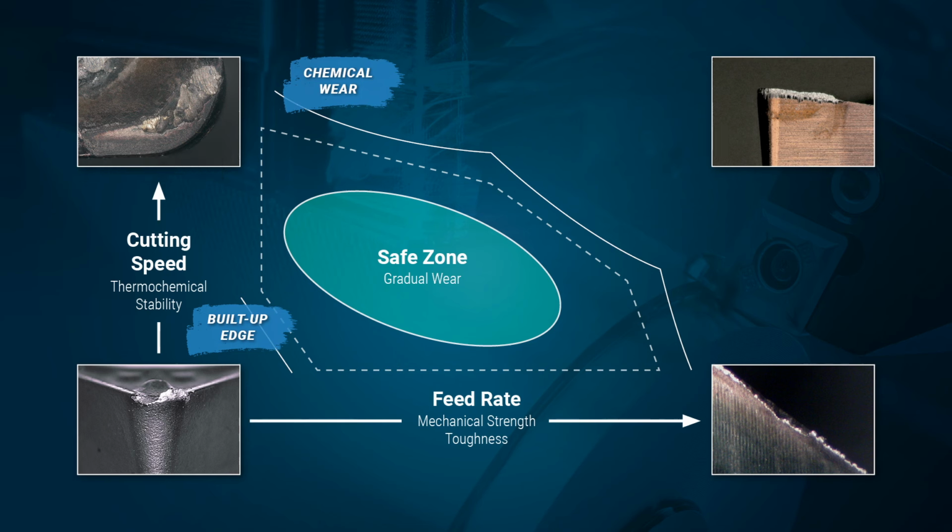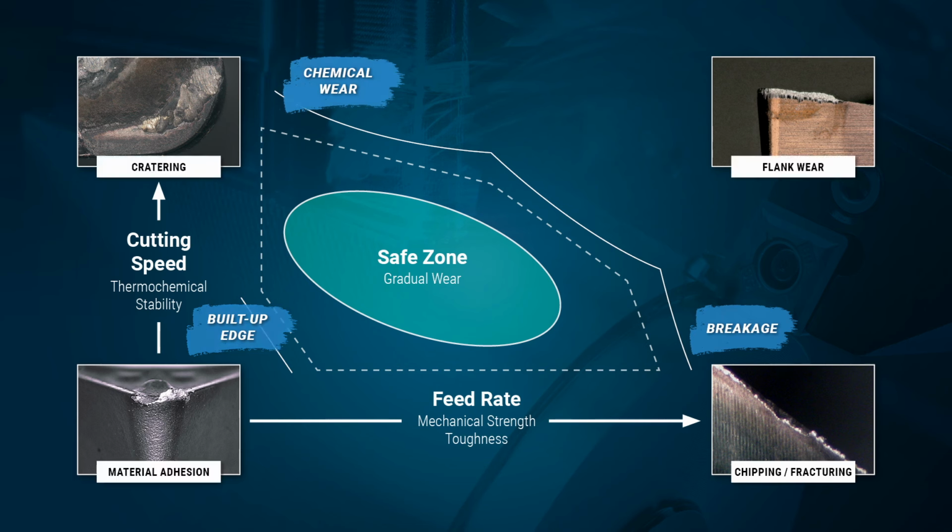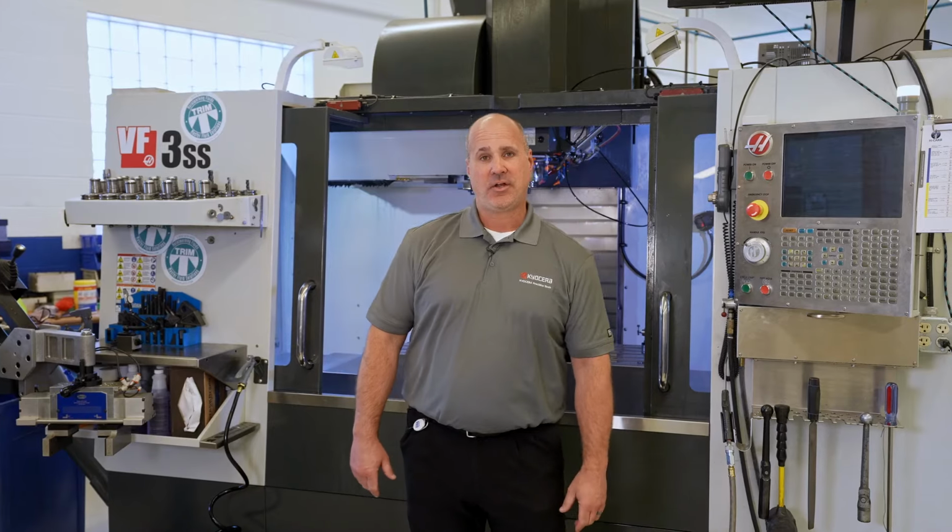Working along the horizontal axis, if we go to the far right of that axis, we'll see chipping and fracturing, where we have high feed rate and very low speed. Basically, this allows us to really identify the lead cause in all these various forms of wear and damage. Always trying to work our speed and feed in balance to achieve that safe zone found in the center of this chart.